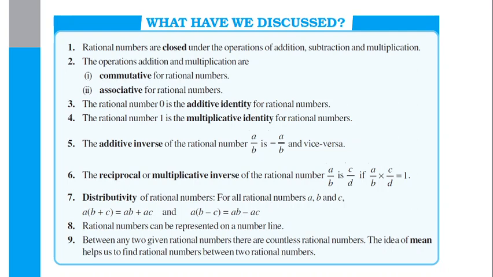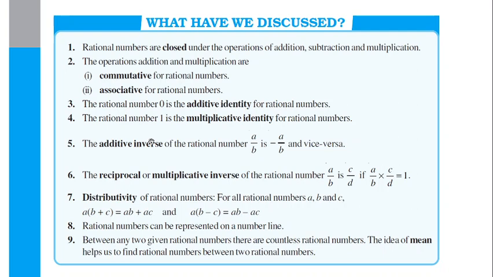Next thing, additive inverse. Now what is additive inverse? If you change the sign of the numerator, remember this, this is the shortcut, then this is known as the additive inverse. If you have been given plus a, replace it by minus a, or if you have been given minus a, replace it by a. So it is known as additive inverse.